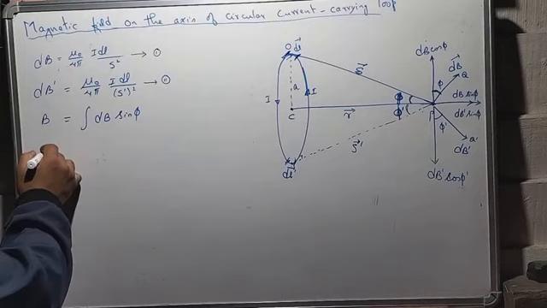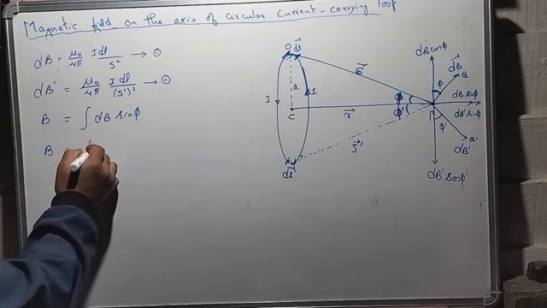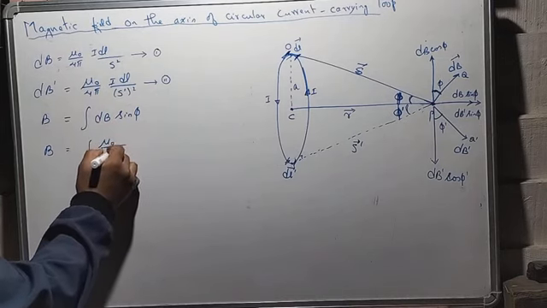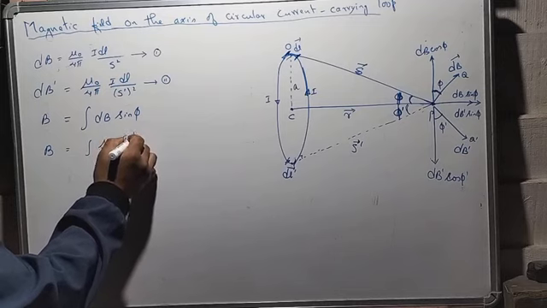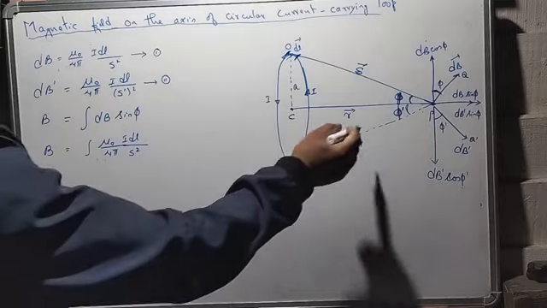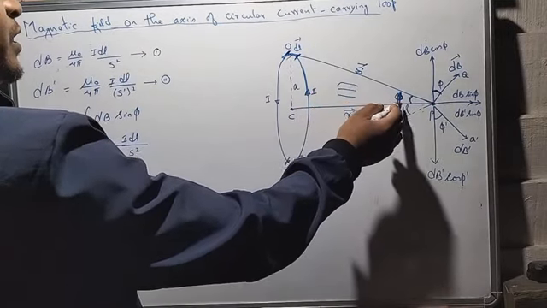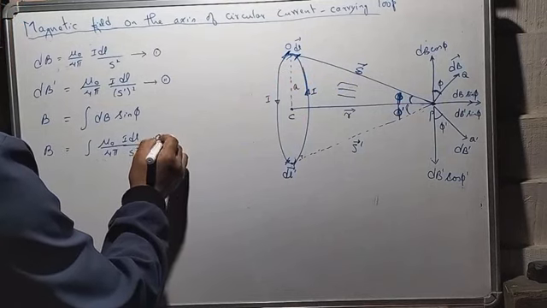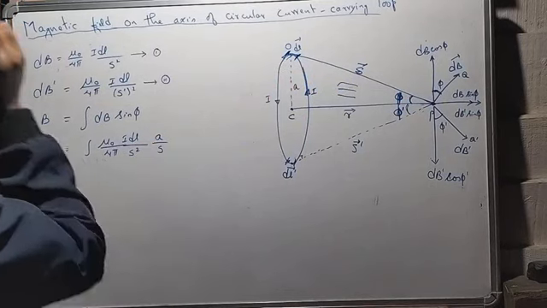Or B is equal to the integration of, how much is dB? Mu naught upon 4 pi I dl upon s square sine phi. How much is sine phi? Look at this triangle. Sine phi is equal to a upon s. So a upon s.